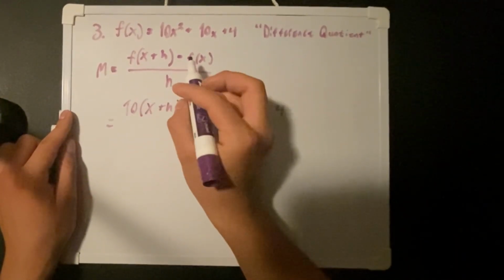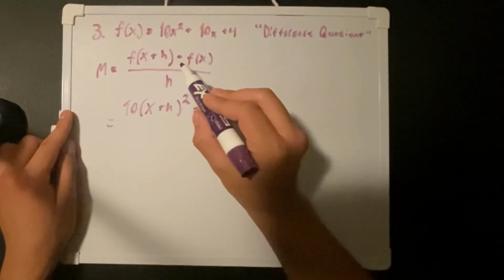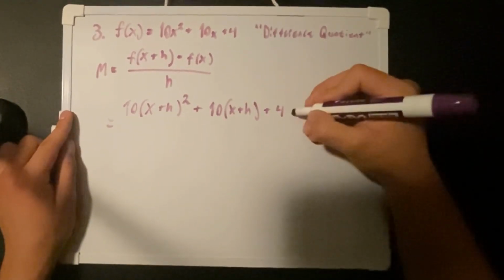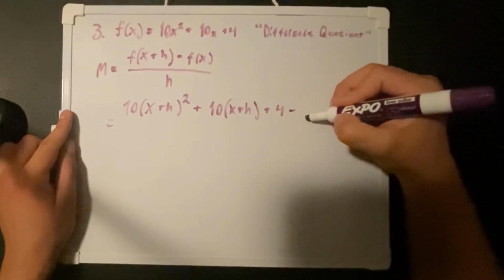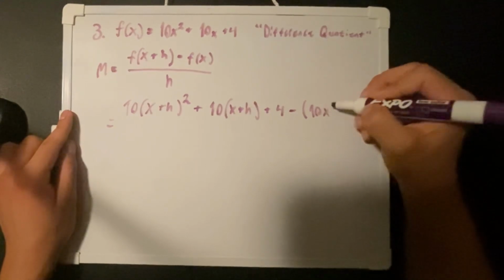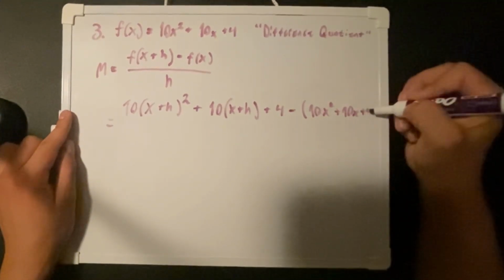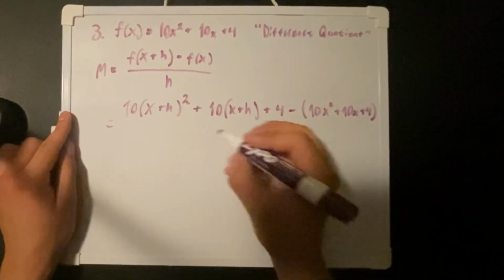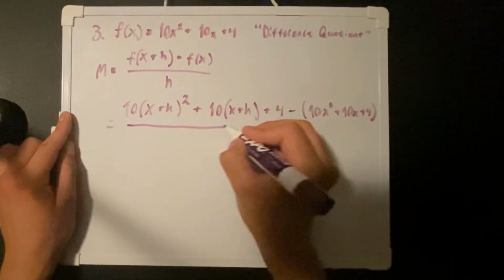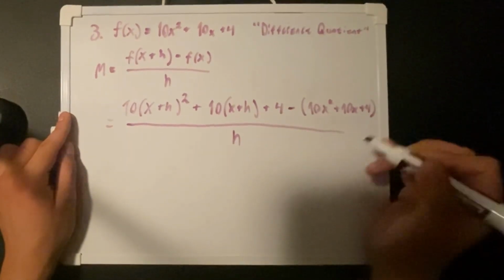And we also need to include minus f of x. And if you recall, if you have a minus, you must manipulate it by including everything else in parentheses. This is a long problem, but it's mostly simplifying.